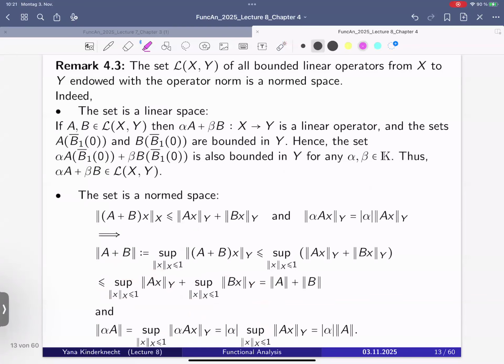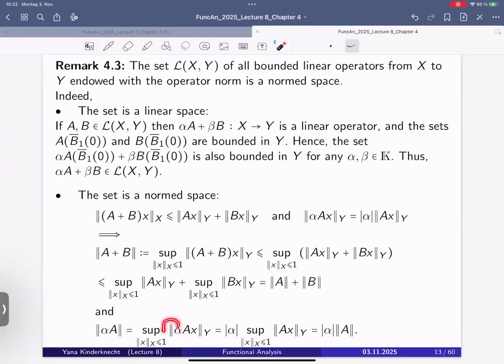Next property: if we consider alpha times an operator A, the operator norm of this object by definition is the object like this. But here we have the real norm in Y, so we can pull out alpha with absolute value.